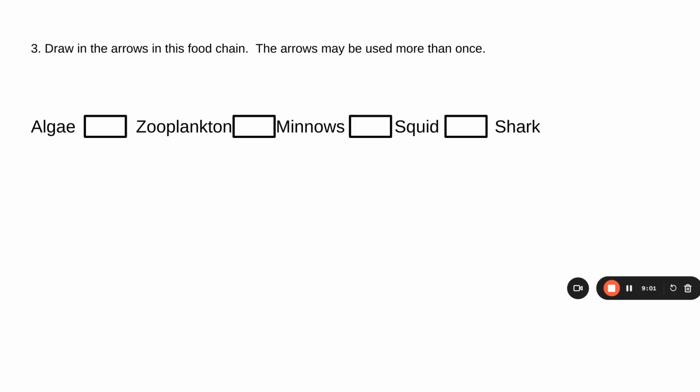So the arrows point from the organism that is being consumed to the consumer. So the algae is going to be eaten by the zooplankton, so there should be an arrow pointing from the algae to the zooplankton. From the zooplankton to the minnows, from the minnow to the squid, and from the squid to the shark.